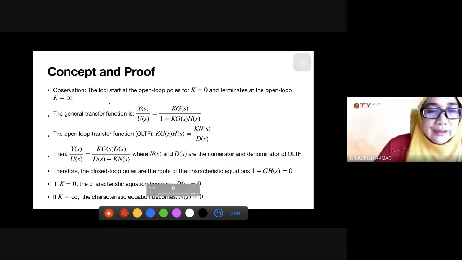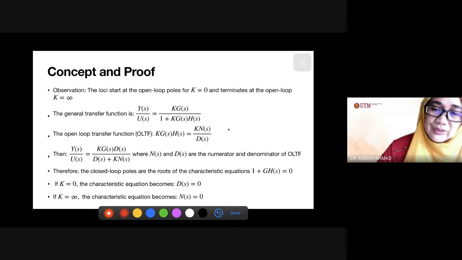So the general open loop transfer function that we made just now is K times GHS, which is actually the value of K, or gain, times N(S) over D(S), numerator over denominator. The numerator gives us information about the zeros, and the denominator is the poles.